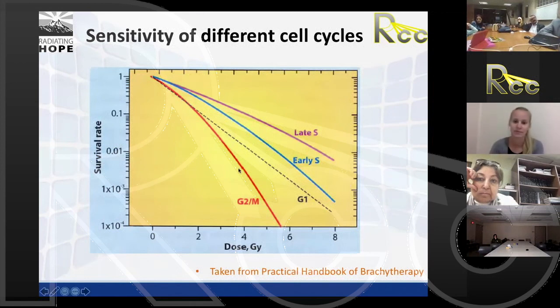This is another graph that shows the different radiosensitivities of the different parts of a cell cycle. You can see in the G2 and M phase, we need far less radiation to kill the cells than we do in the late S phase. So even the same type of cells will have different radiosensitivities depending on where they are in their cell cycle.